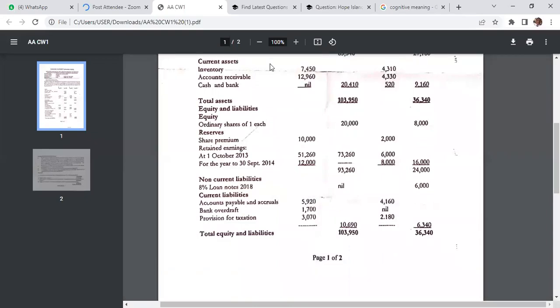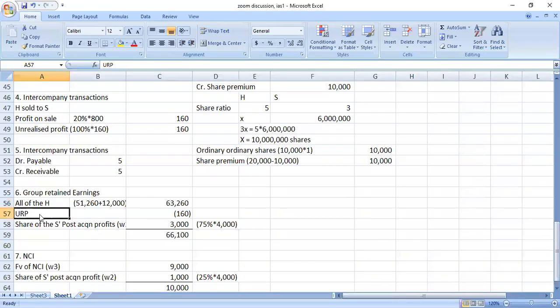So having shown the parent's retained earnings, a direct transaction, yes, the unrealized profit on the sold goods of 160, you come and deduct it straight there and then of the subsidiary's post-acquisition profits. Profits that you made after acquiring the assets are shared between, so it was 4,000, so we're getting our share, which is 75%, and we get the figure.